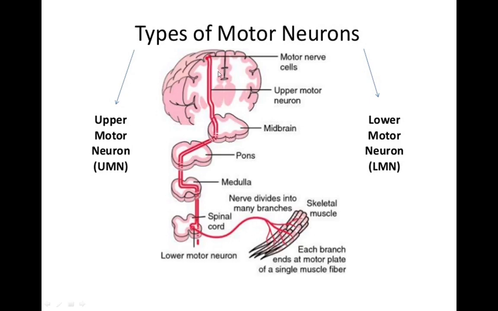So it's made up of two neurons. One is the upper motor neuron and the other is the lower motor neuron. Fine. So this comprises the broad, general structure of the descending tracks. Okay, am I clear? Yes, sir. Okay, fine. Any question? No, sir.